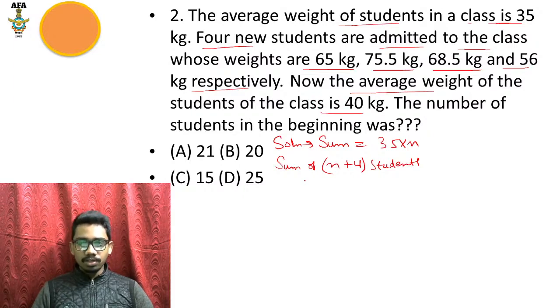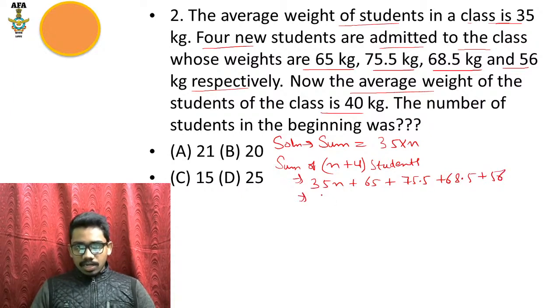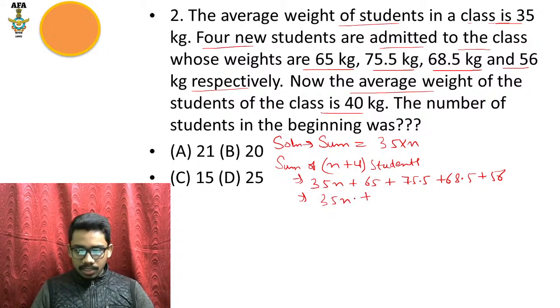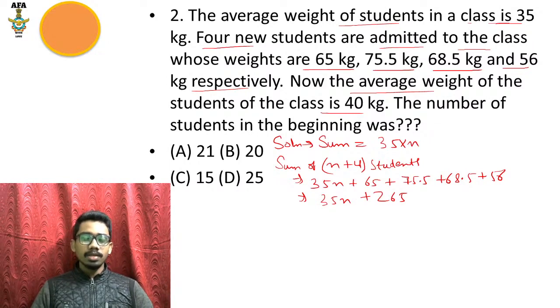So the sum of n plus 4 students is 35n plus 65 plus 75.5 plus 68.5 plus 56. If you add the values, this will be 35n plus 265.